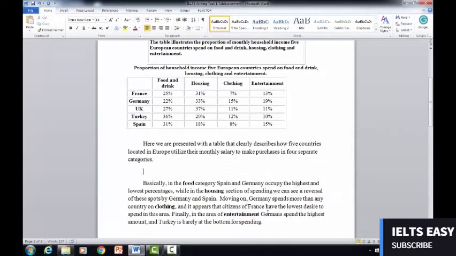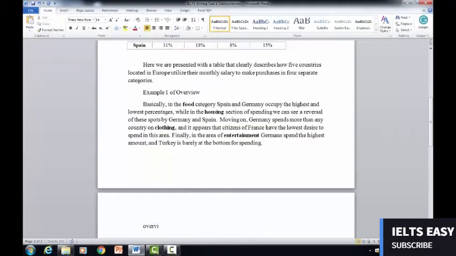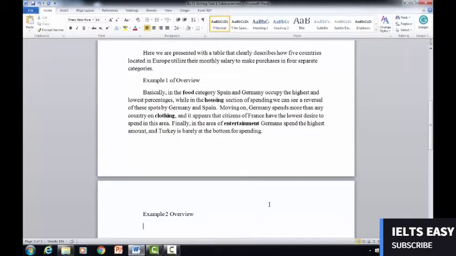Let's call this example 1 of the overview paragraph. And now let's look at another way we could have written it. Example 2 of the overview paragraph, as a second example.